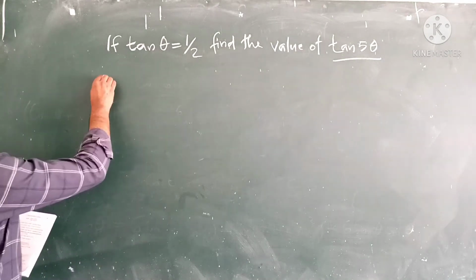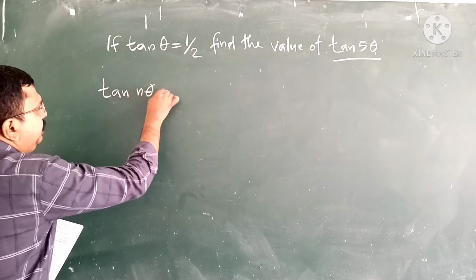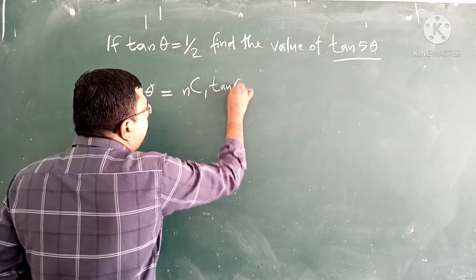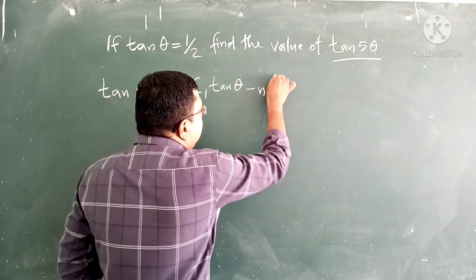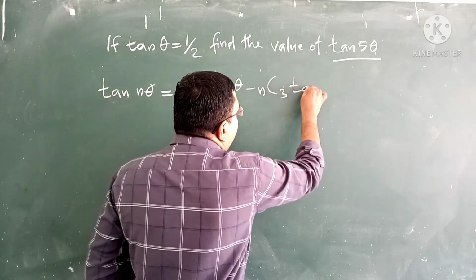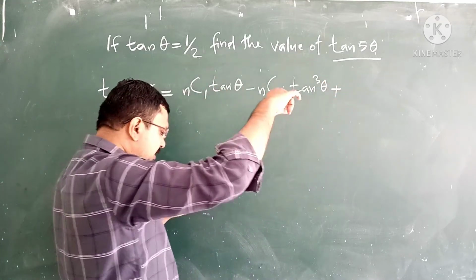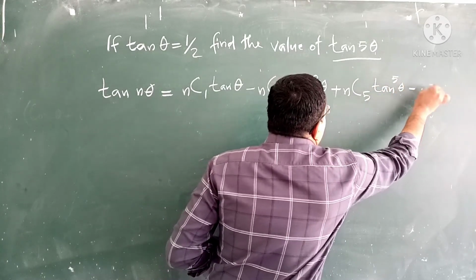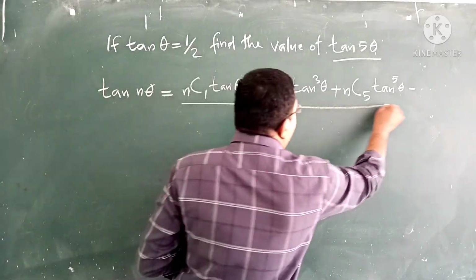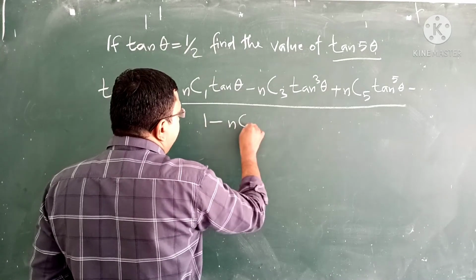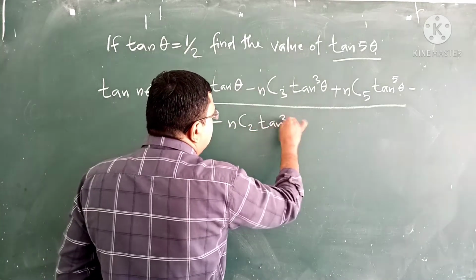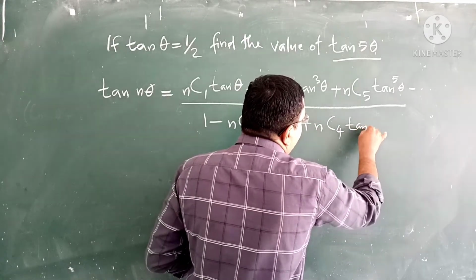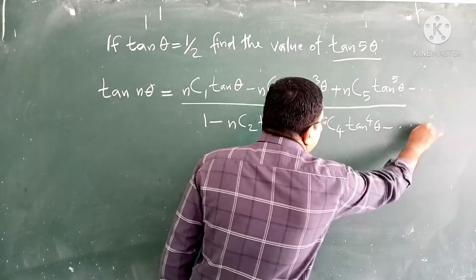First, we can write tan n theta. Tan n theta is equal to nC1 tan theta minus nC3 tan cube theta plus nC5 tan raised to 5 theta minus etc., the whole divided by 1 minus nC2 tan square theta plus nC4 tan raised to 4 theta minus etc. You get that?